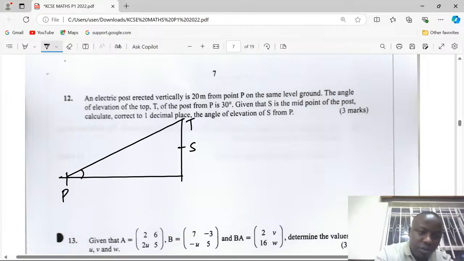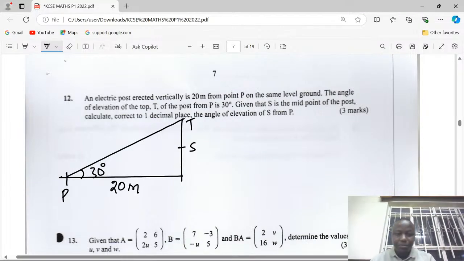So there is an angle of 30 degrees here to the top of the post, and there are 20 meters between the post and point P.